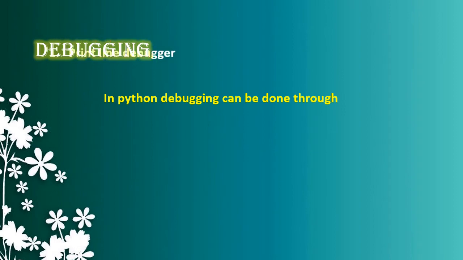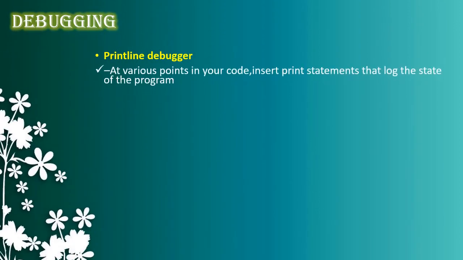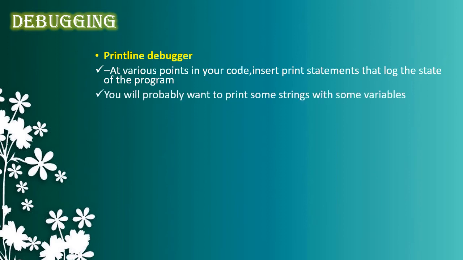So in the Python language, debugging can be done, first, through a print line debugger. Another one is the debugger. Print line debugger means in our code we can insert a print statement and then we can find out that error.